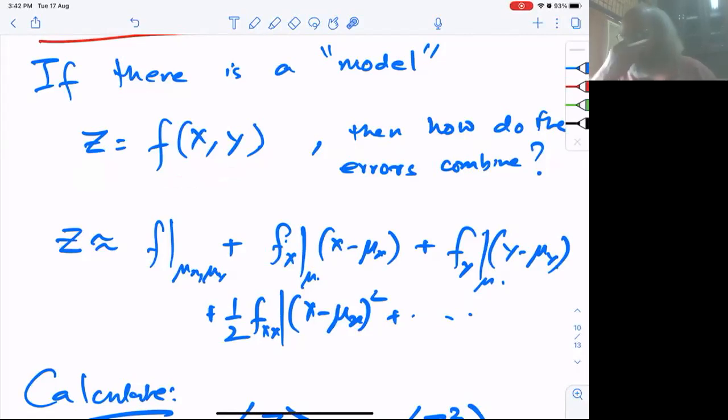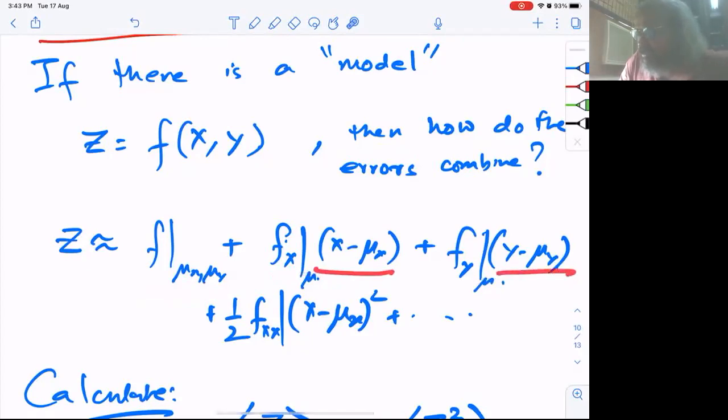Then you can do a Taylor series expansion of this function, whatever it is. It doesn't matter what the functional form is. Around the minima or maxima, it looks very similar, and that's the spirit you use. So this is basically the value around the mean, and then you expand.